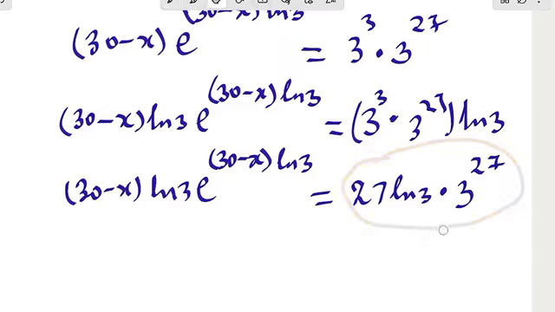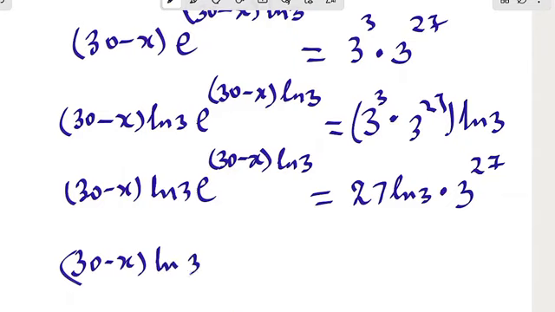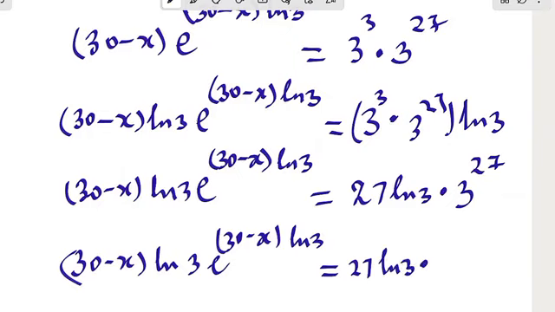All right, so I'm going to have this. It's going to be (30 minus x) ln of 3 e to the power of (30 minus x) ln of 3 equals 27 ln of 3. Then this e, I'm going to apply e here, e to the power of ln of 3 to the power of 27.